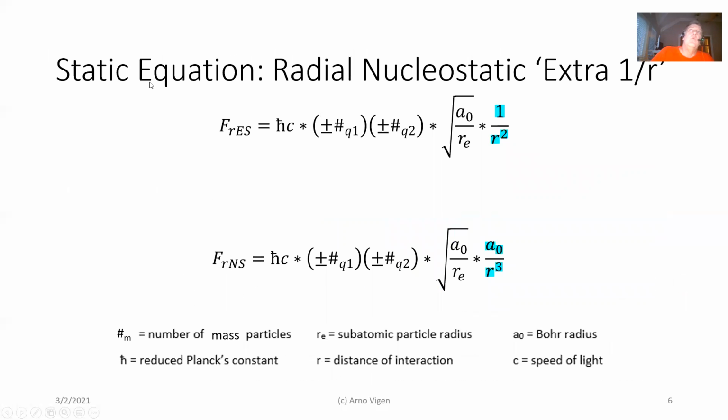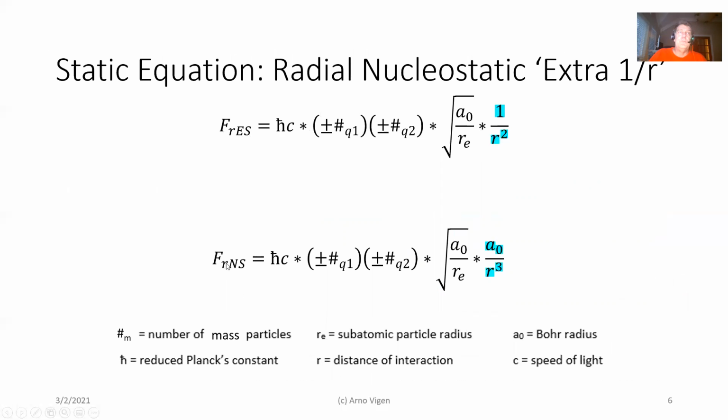Okay, so what's the radial nucleostatic, that extra 1 over R equation? Well, let me do it at the force level because most of us are more familiar with that. So the one we had from the last is the force of electrostatic, this ratio. And again, for force or acceleration, it's R squared.